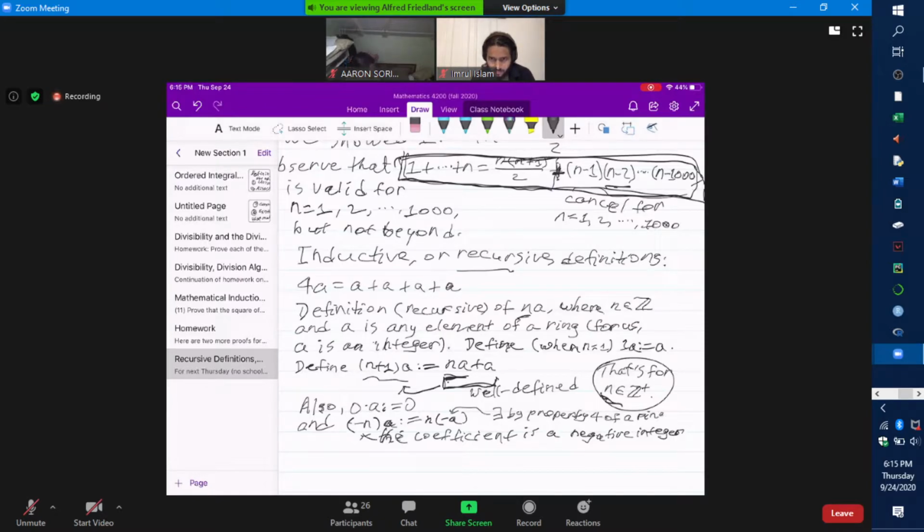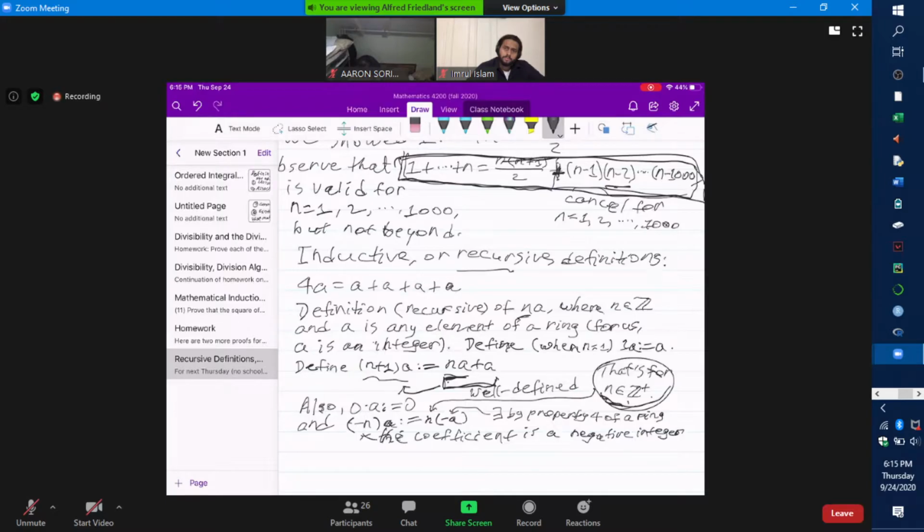this was property 4 of an ordered integral domain. So again, this is well defined. Over here in the circle, we've defined a positive multiple of an element of the set. In our case, that element is a number. So this n in front of the negative a is defined by what's in the circle here.